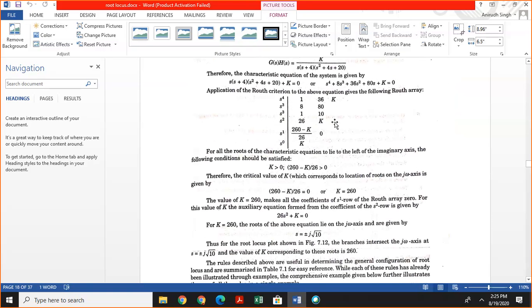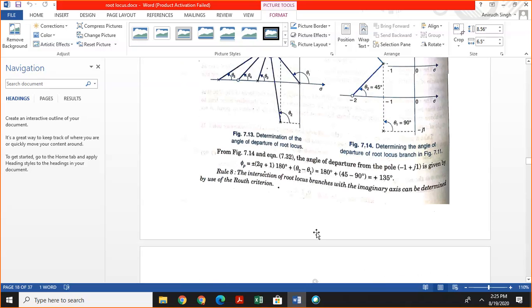So we form an auxiliary equation from this row, 26s square plus k is equal to 0, and if we substitute k equal to 260, we calculate the intersection point of the root locus with the imaginary axis, and in this case s is equal to plus minus j root 10.